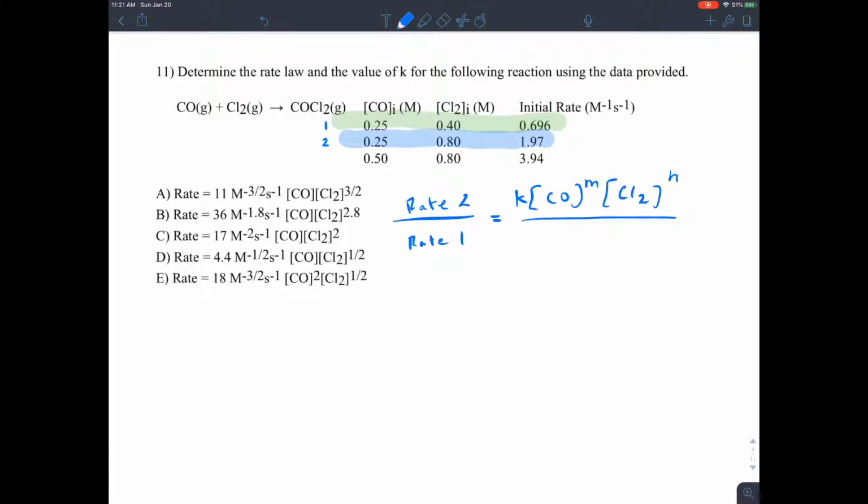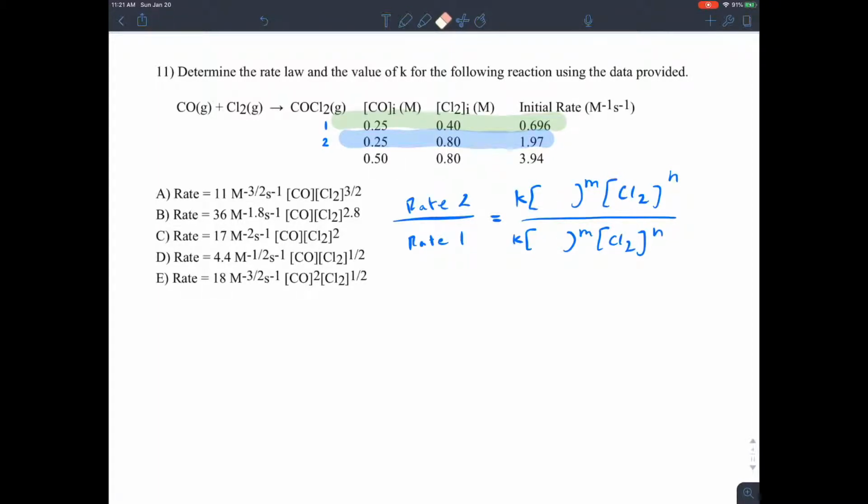And that's going to be the same for both of them, right? So that's going to be k as well, with the same overall setup. So it's going to be CO to the m, and Cl2 to the n, because they have the same orders. The only thing that's going to change is the concentrations that I add inside of them. So let's fix those, okay?